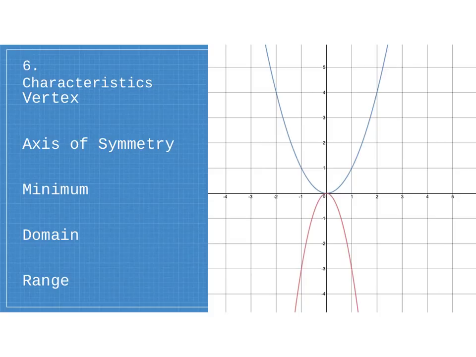So we now have our g of x, which is negative 3x squared, which that negative gives us the parabola that opens down. Our vertex, you can see, is still at 0, 0. Our axis of symmetry is still at x equals 0.